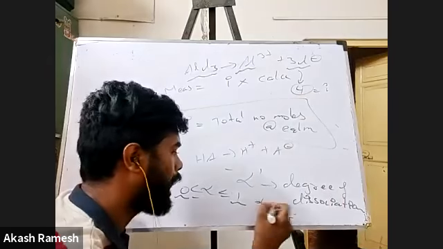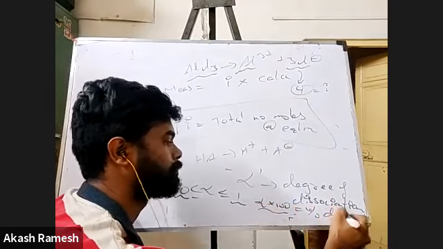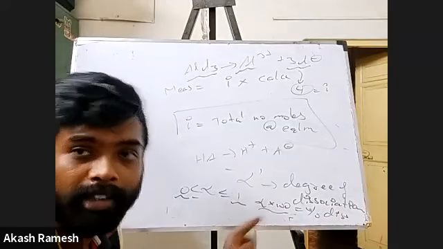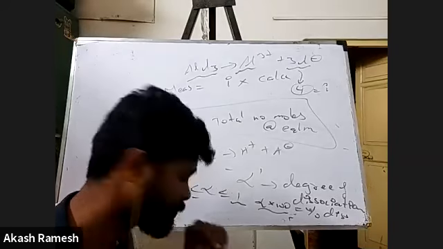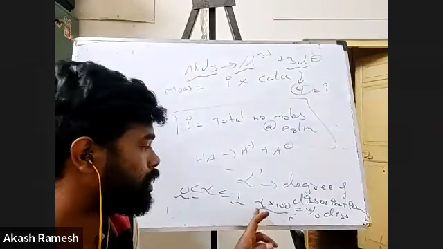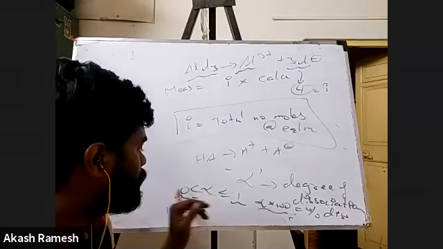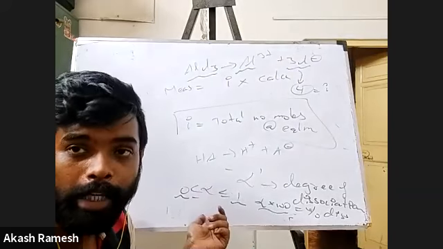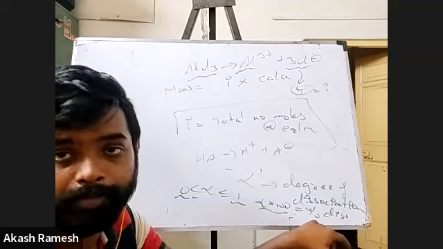So remember, alpha into 100 will give me percentage dissociation. So 1 into 100 will become 100% dissociated. Depending on the value of alpha, that value into 100 will give me the percentage dissociation.